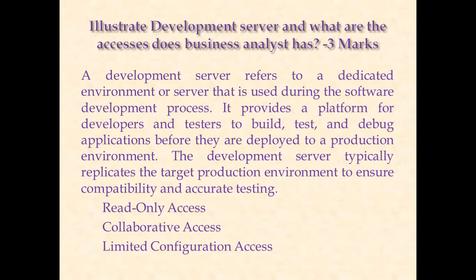So while the project is happening, the company has multiple servers. We have something called a development server, a testing server, a UAT server, and so on. So this question talks about the development server. Basically, the development server is where the developers save their work. This is a platform that developers and testers use, and they have this dummy environment where they save their work.